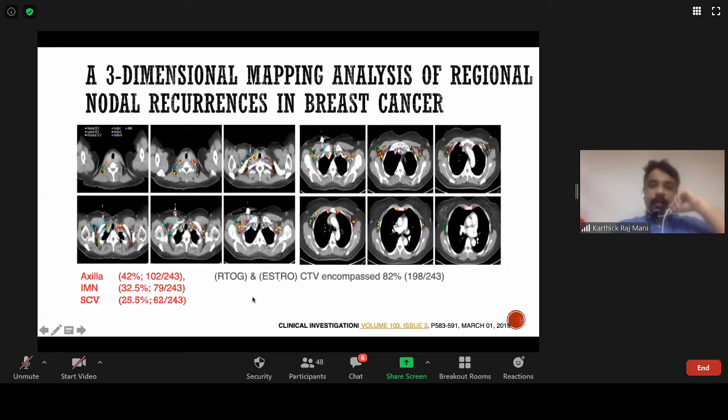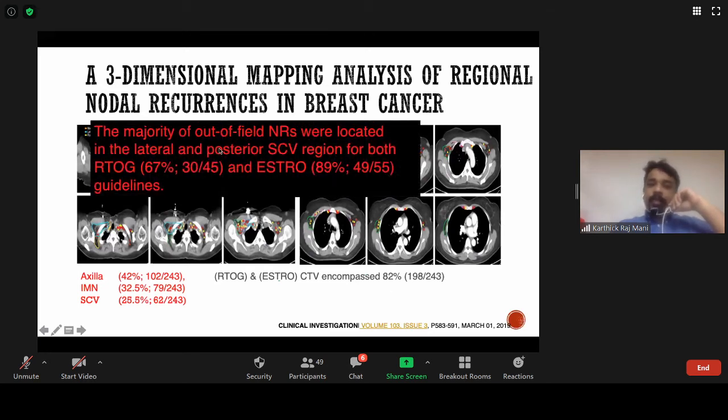When you compare with the guidelines, the ISRO and RTOG guidelines cover 82% of this nodal recurrence area. That was good, but we still miss around 18%. Compared to the field of nodal recurrence, the RTOG guidelines cover about 67%, and the ISRO guidelines around 89%.